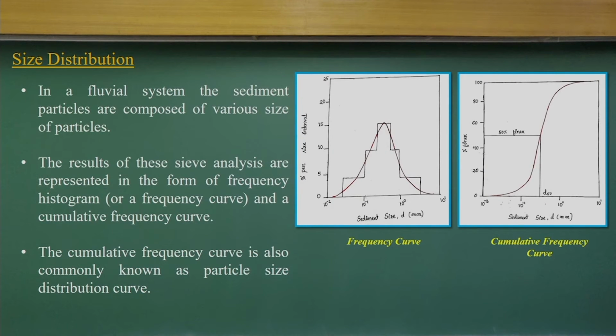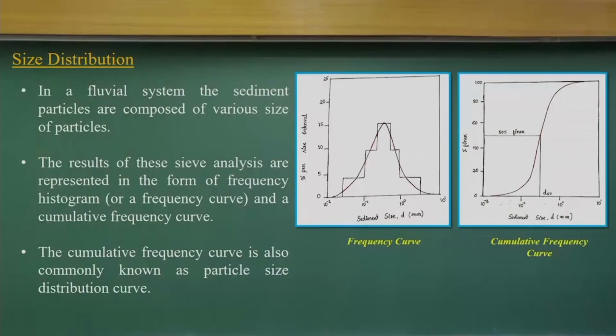Let's come back to the very basic concepts. When you take sediment from the rivers, as I said earlier, we will not have a uniform distribution. There will be different groups of different sizes of sediment particles. What do we do? We do the sieving analysis. At different sieve sizes, we find the percentage finer.